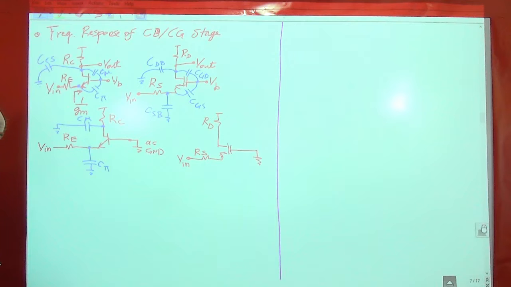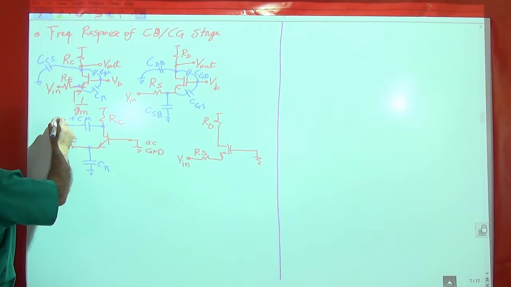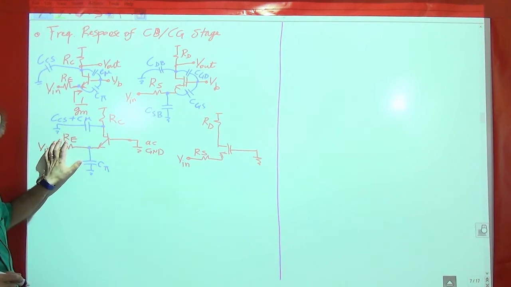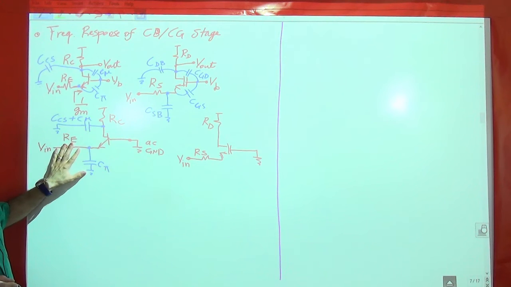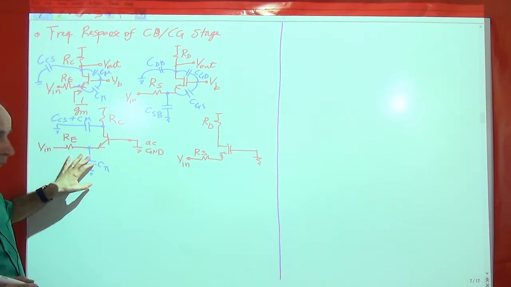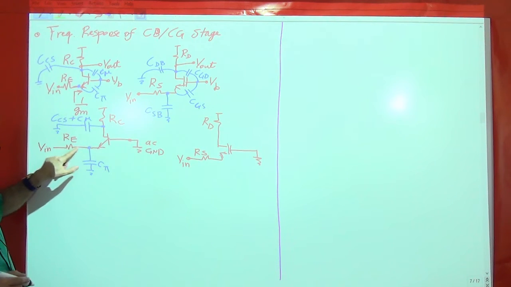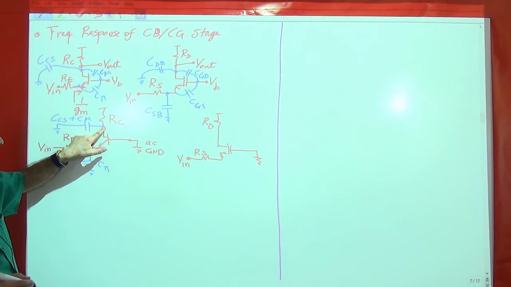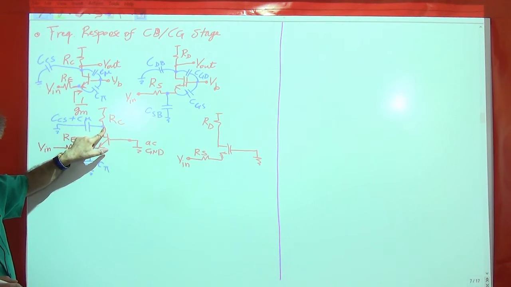And CCS also goes from collector to AC ground. So why don't we just add these two together, because they are parallel anyway, right? We went through this exercise before, after we identified the high frequency model of the bipolar device. So that's what we have. We have really two capacitors, one connected in the input signal path, one connected in the output signal path.